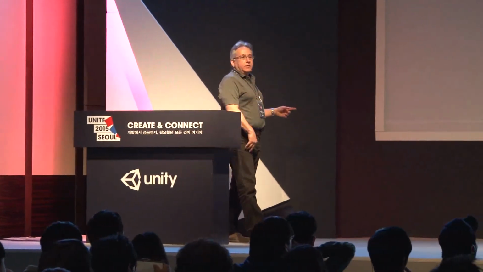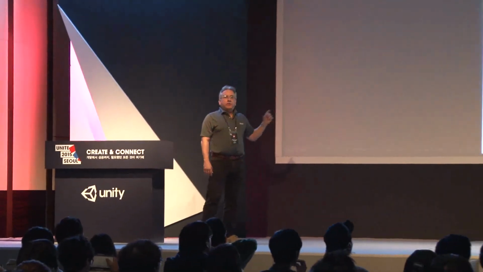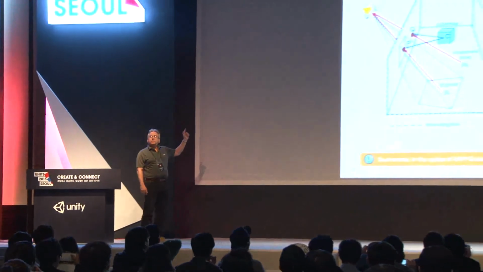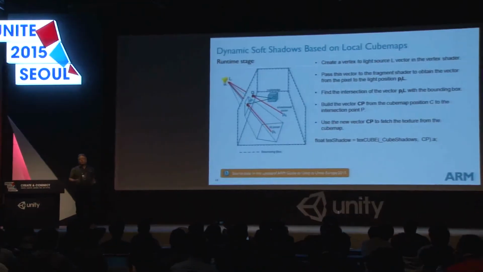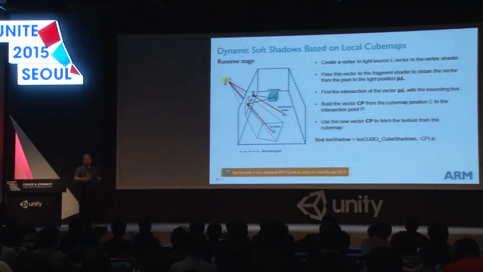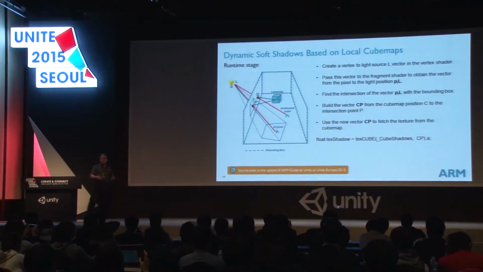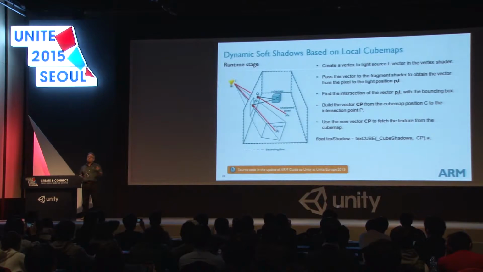The second stage of the technique happens at runtime. So at runtime, in the vertex shader, we build a vector from the vertex to the light source. And we pass that vector as a varying to the fragment shader. When we are passing that vector to the fragment shader as a varying, it is interpolated.